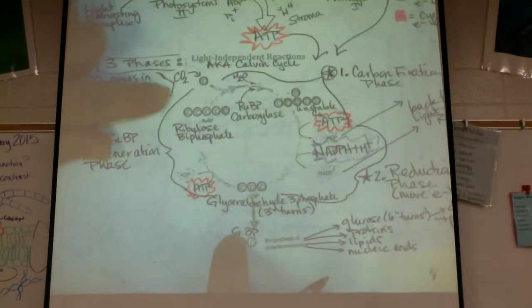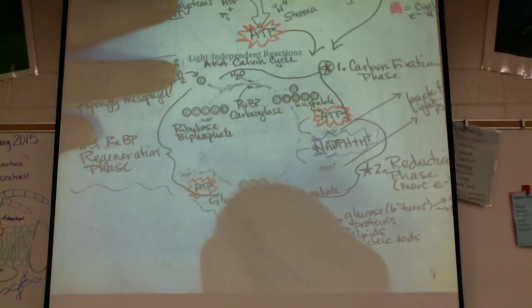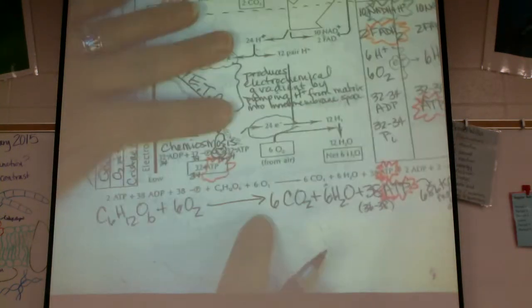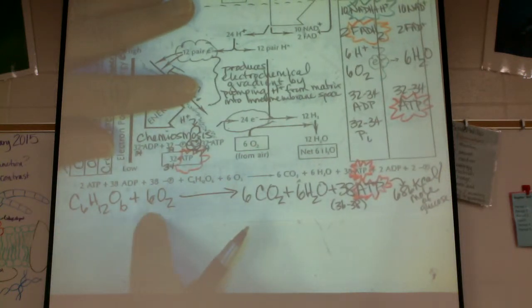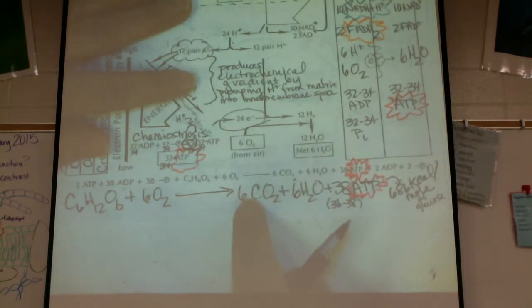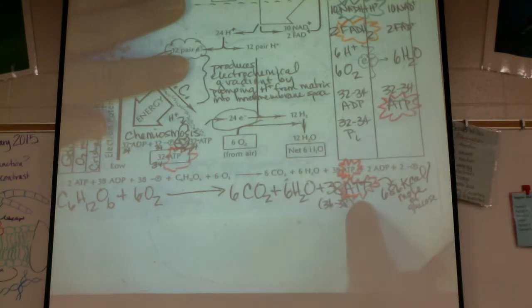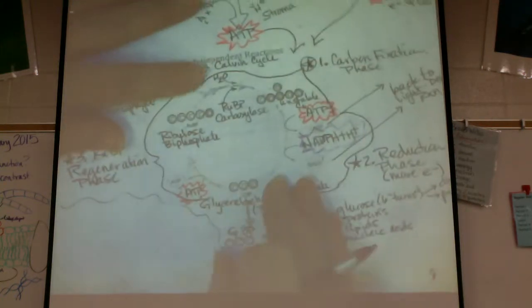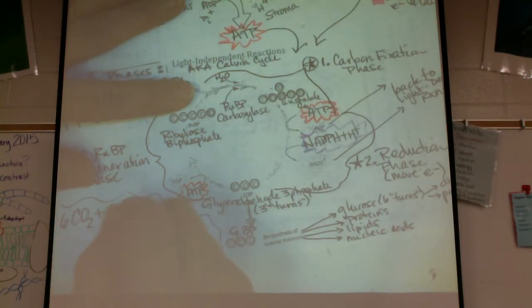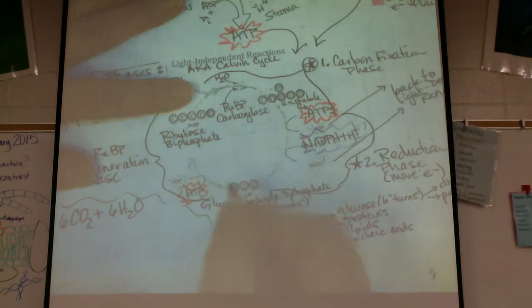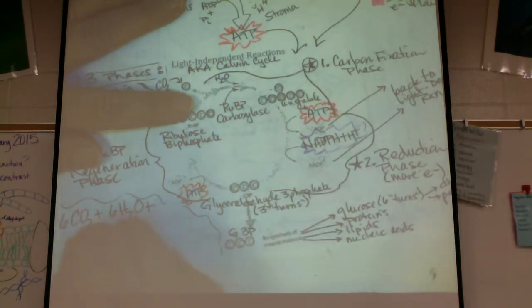So, when this is all said and done, remember how on this side, we found that in aerobic cellular respiration, you take glucose, you get some oxygen in there, and you give off some carbon dioxide, some water, and get a whole bunch of energy? Well, guess what? Photosynthesis. You're going to take some CO2, some water, plus some light energy.